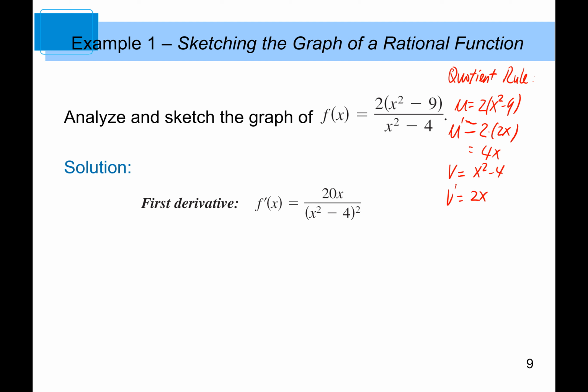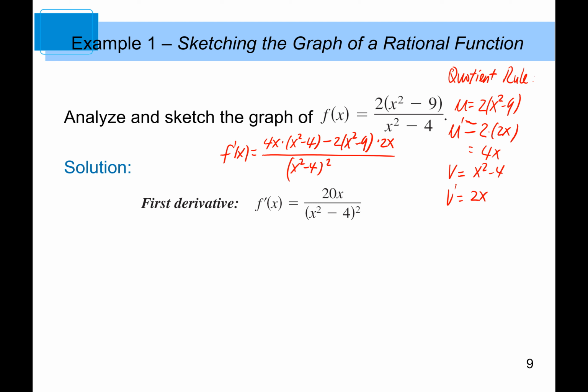Okay, so using the quotient rule, in that case, f prime of x equals u prime, which is 4x, times v, x squared minus 4, minus u, 2x squared minus 9, times v prime, which is 2x, over v squared. So that's going to be x squared minus 4, in parentheses, squared.